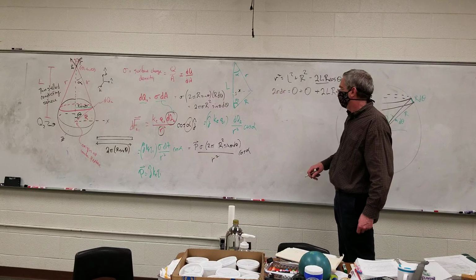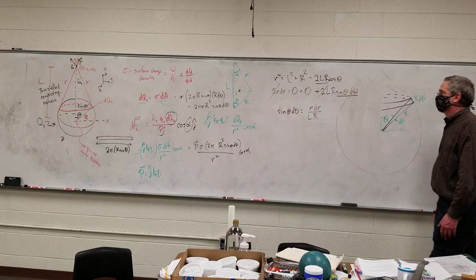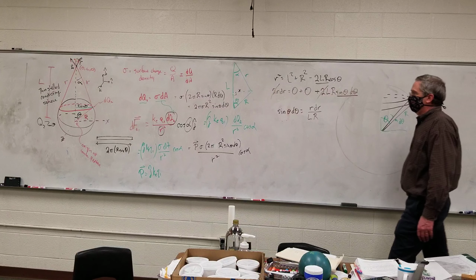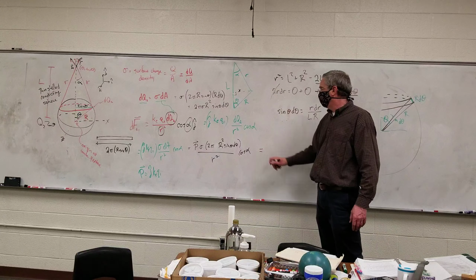Sine theta d theta is going to be, actually the 2's cancel out, little r d little r over big L big R. And so I've got P sigma 2 pi big R squared, little r dr over big L big R, over little r squared, cosine alpha.